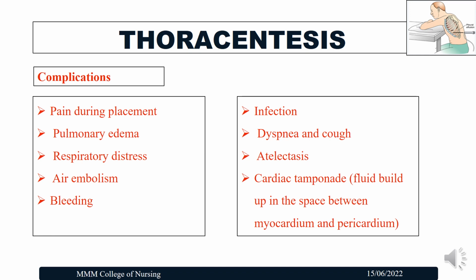Other complications are respiratory distress, air embolism, bleeding, infection, dyspnea and cough, atelectasis, that is, collapse of the lung, and cardiac tamponade, that is, a fluid buildup in the pericardial space between the myocardium and the pericardium, if there is a large amount of fluid accumulation as a result of pleural effusion. So these are some of the complications which can happen during thoracentesis.